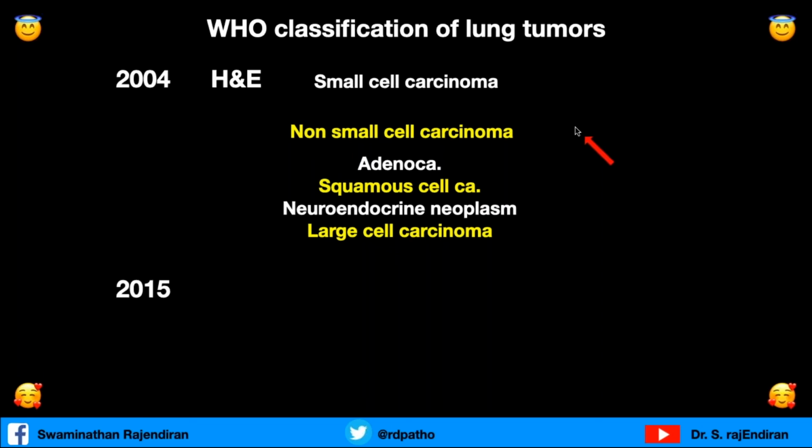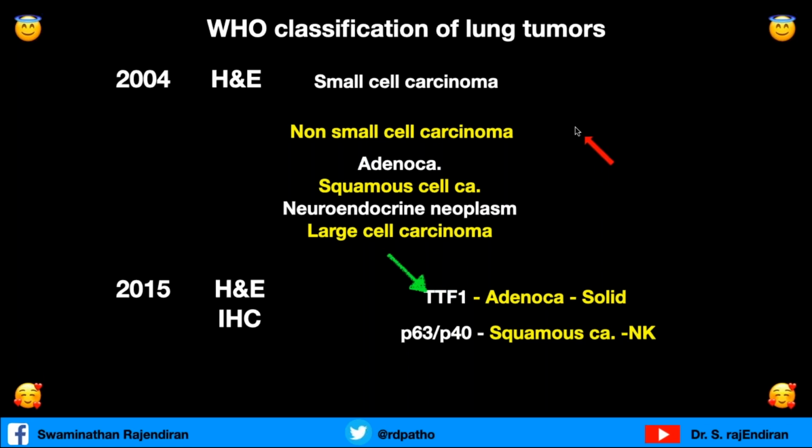No IHC. Whereas in 2015, they introduced IHC in the WHO classification. And the large cell carcinoma, depending upon the positivity, is divided into subtypes. For example, when a large cell carcinoma is positive for TTF, it's a solid type of adenocarcinoma. When it is positive for P63 or P40, it will be a non-keratinizing squamous cell carcinoma.